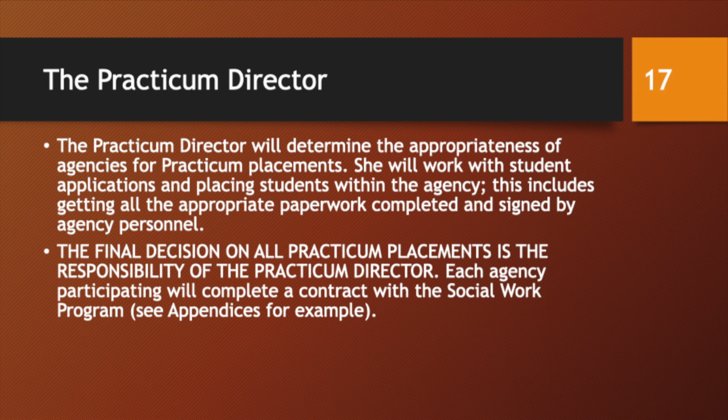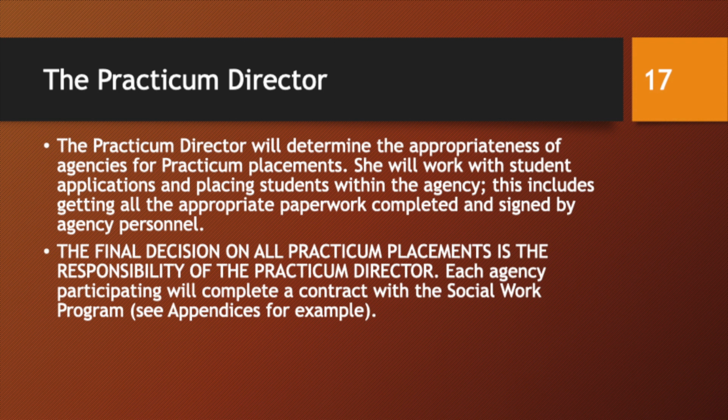The practicum director will determine the appropriateness of agencies for practicum placements. I work with student applications and placing students within the agency. This includes getting all of the appropriate paperwork completed and signed by agency personnel. The final decision on all practicum placements is the responsibility of the practicum director.